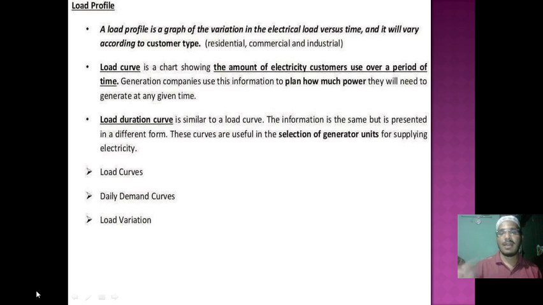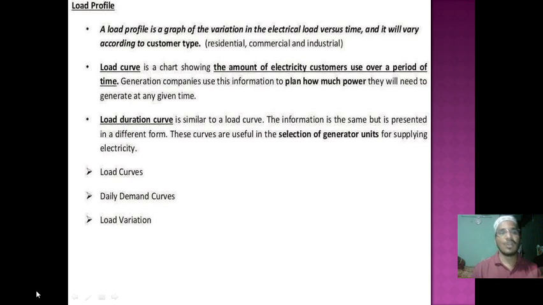We consider load versus time according to the customer: if the customer belongs to the residential, commercial, or industrial sector, then we can consider the load profile.